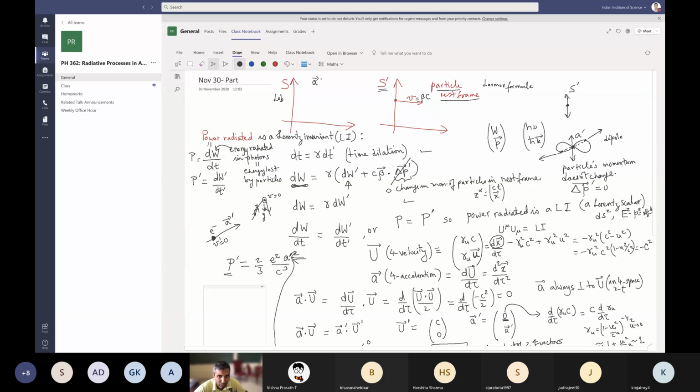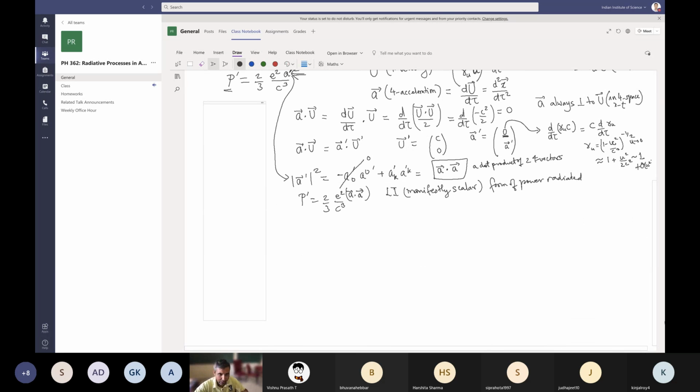So acceleration is d2x by dt squared as measured in this frame. From an experimental point of view, this is easiest to measure, and we want to write our power formula in terms of a rather than a prime. How do we do that?